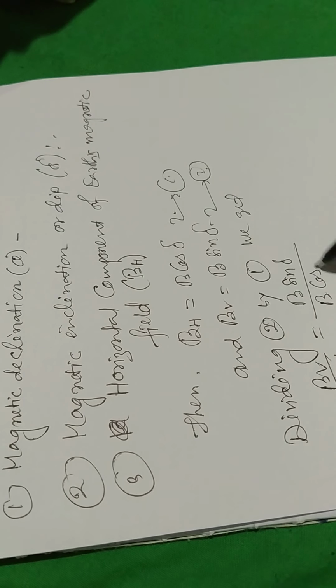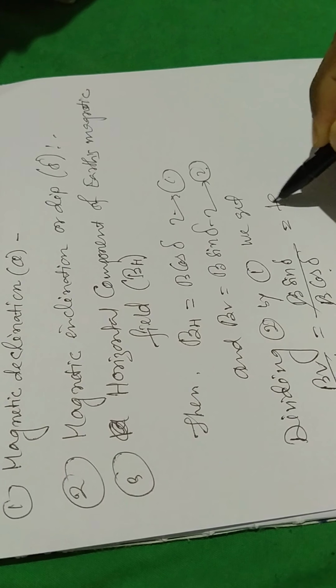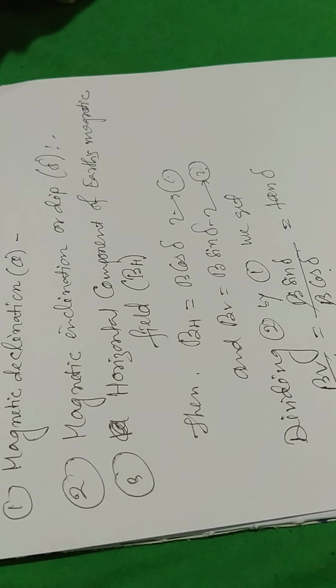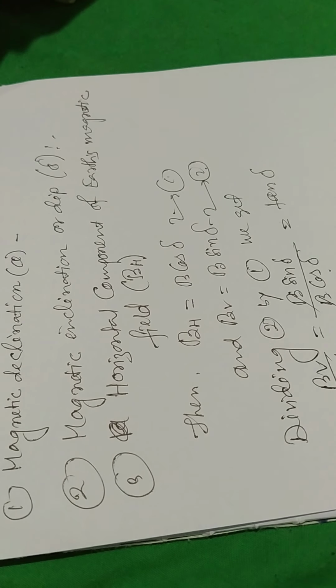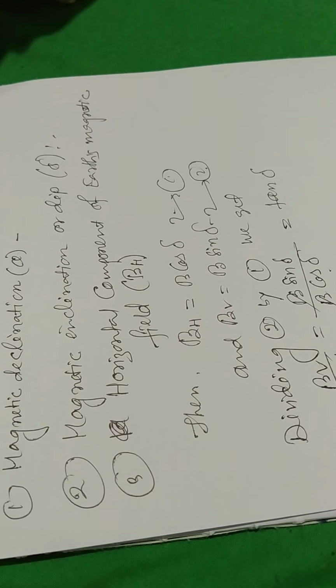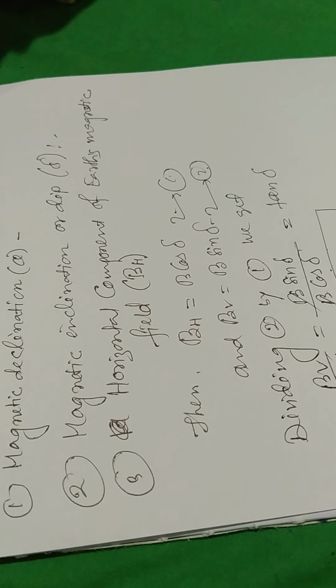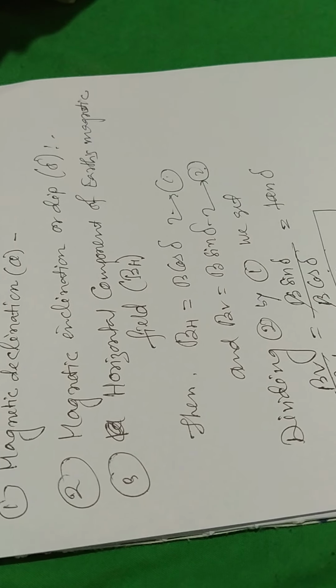B cancels, sin delta by cos delta is tan delta. Therefore, tan delta equals BV by BH. This equation is used to find the angle of dip at a place.